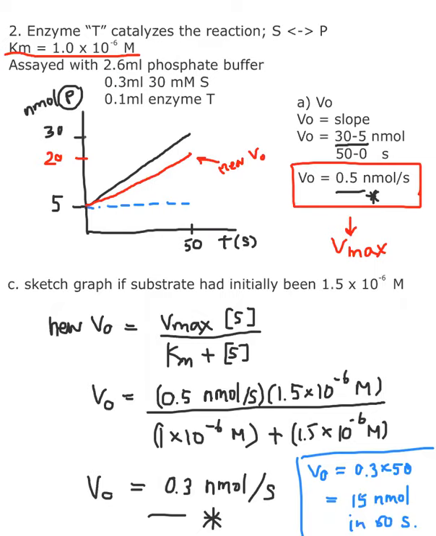So we need to take that into account, which is why we're starting at 5. But you can also plot the graph starting at 0, that's fine too, as long as this new graph has the slope equal to 0.3 nanomole per second. That's absolutely acceptable.